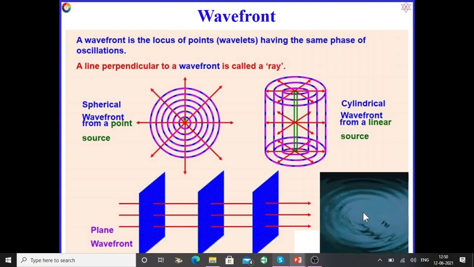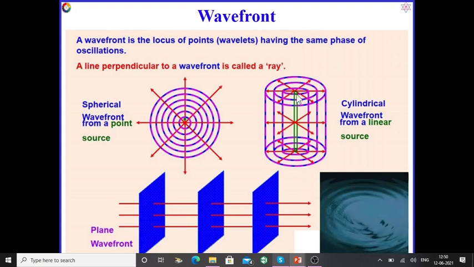From here, the circular crest or trough is propagating in all directions. So we can say that this is the so-called circular wave front.